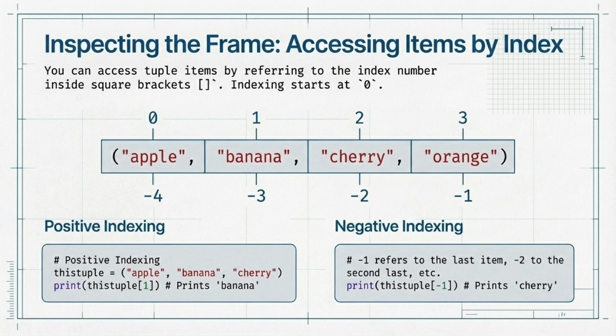Python also supports negative indexing, which allows elements to be accessed from the end of the tuple. In this case, -1 refers to the last element orange, -2 refers to cherry, -3 to banana and -4 to apple.